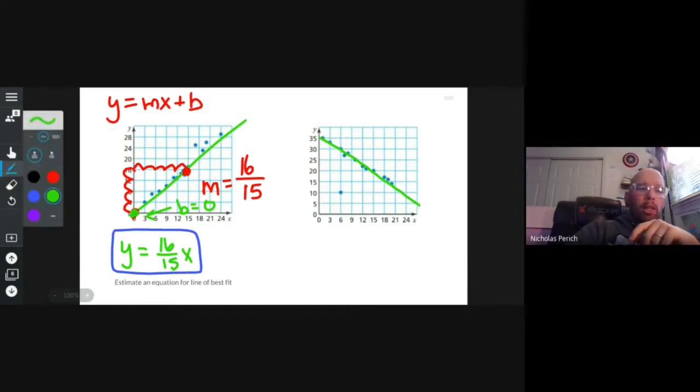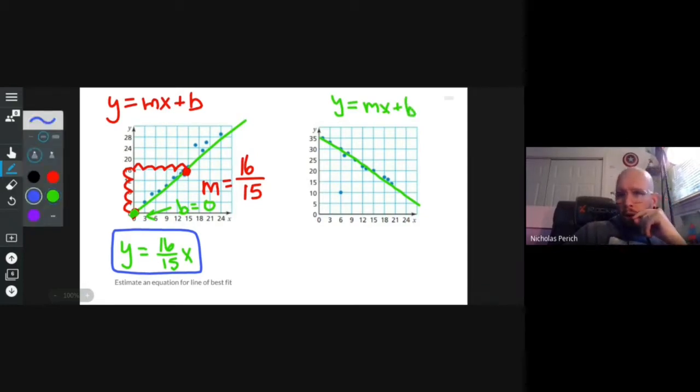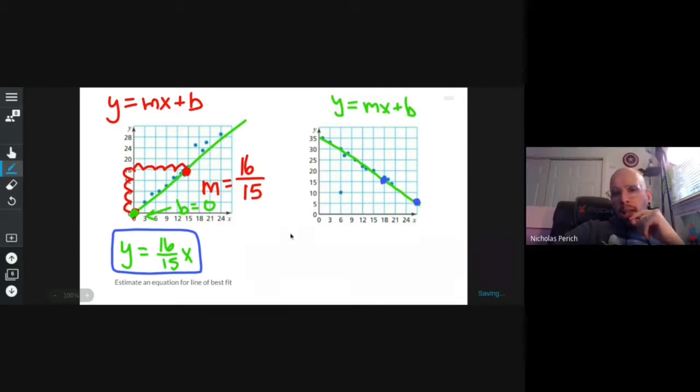This is what I need. I need y equals mx plus b. Let's find out what m is. So I can put a point here, it looks like, according to my line, and a point there, according to my line. When I go up and down, I go up and down by 5, 10, 15.